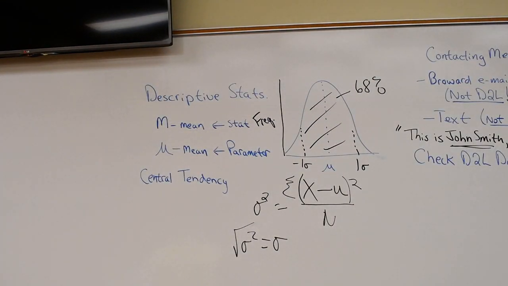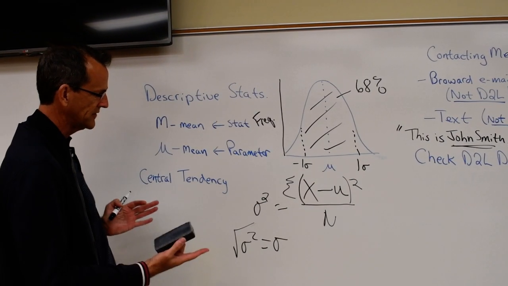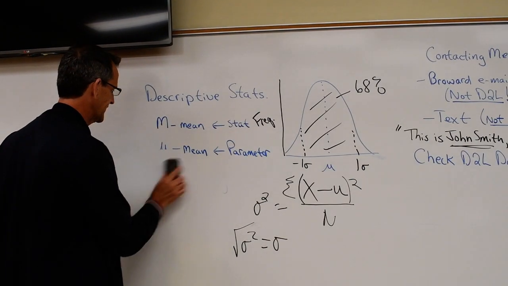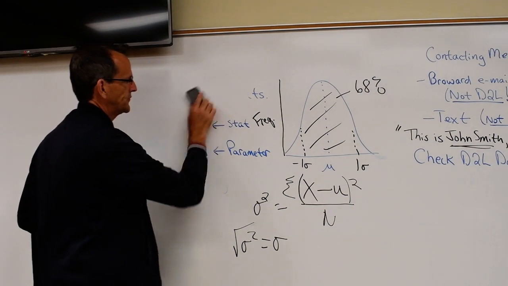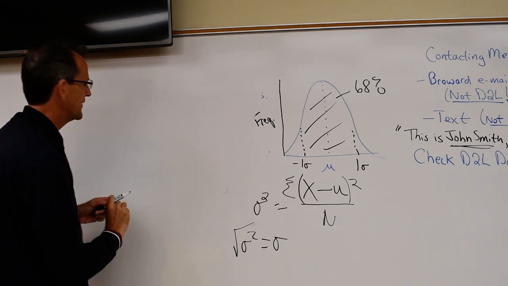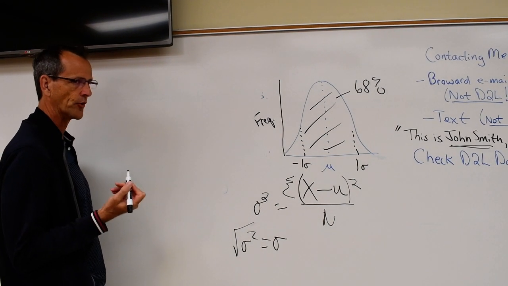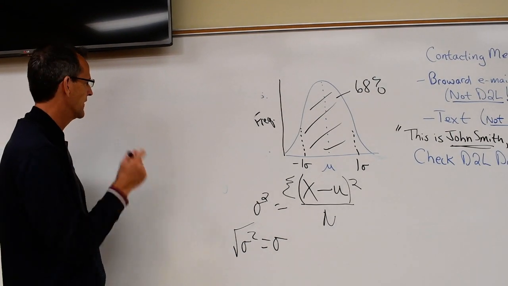And frequently, what people will do is they'll report data using standard deviation. So for example, this might be something I might say. You're going to see some other examples of this in the PowerPoint, and you're going to have to write a sentence like this as part of the homework.